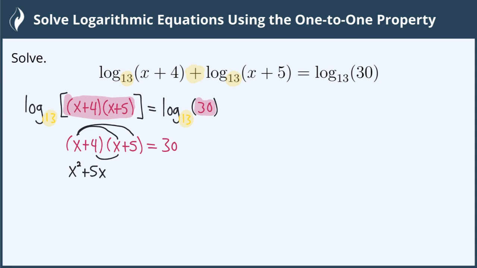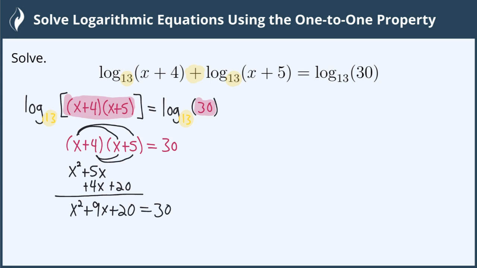Then inside is 4 times x, or plus 4x. And last is 4 times 5, which is 20. I do like to stack mine so it's easier to see my like terms. Because now when I add down, I get x squared plus 9x plus 20 equals 30.